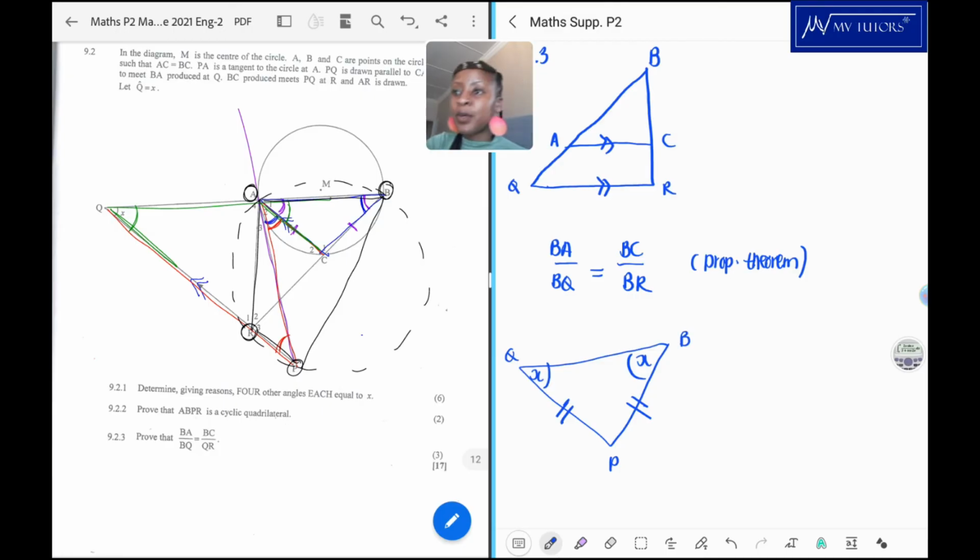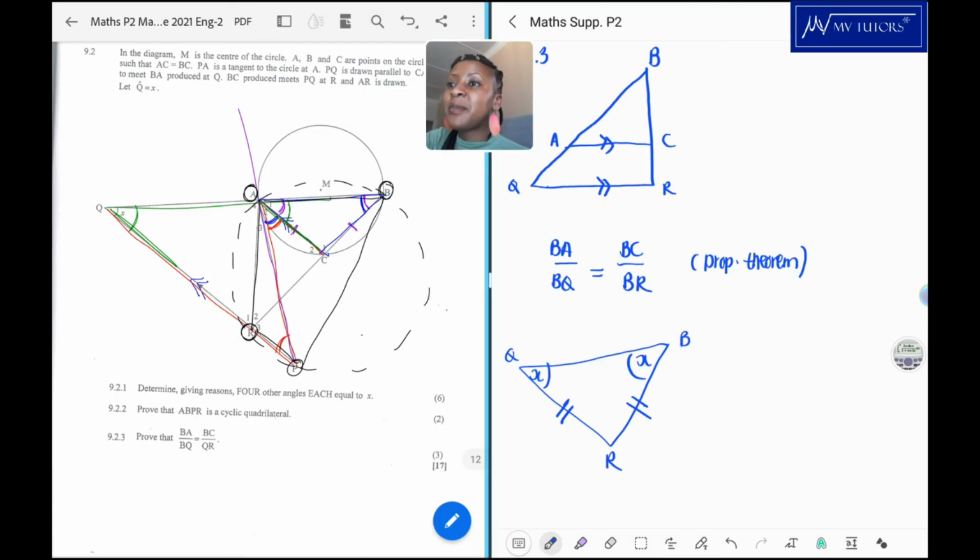So therefore, I would have, okay, but how do we get QR? Wait, sorry, it's not P. It's not P, guys, it's R. Oh my word, it is this angle.